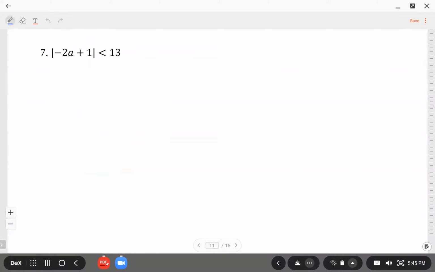Oh, this one is quite harder. The absolute value of negative 2a plus 1 is less than 13. No room for mistakes here. You've already learned inequalities, for those who've been to my inequalities class. Well, Stephen hasn't, but he's smart, so I don't care. Absolute value, negative 2a plus 1 is less than 13.